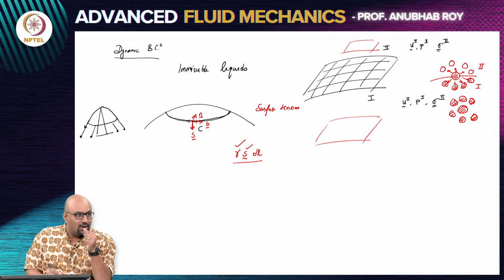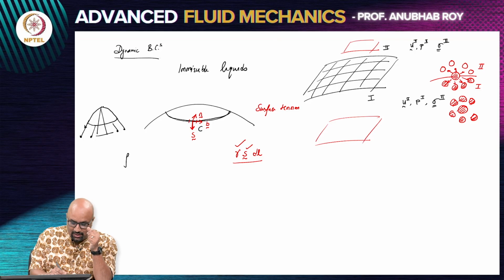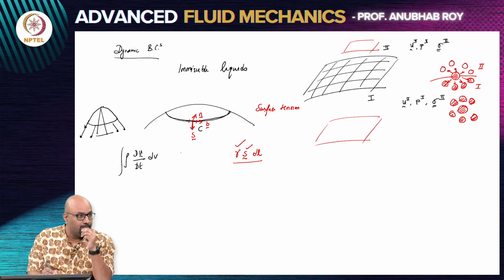So now if you go back to your Navier-Stokes equation and you try to actually calculate, you construct a small volume that is basically sandwiching or including that interface. So you will be integrating.